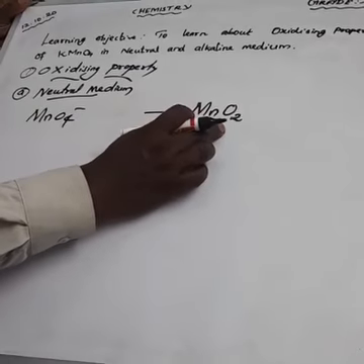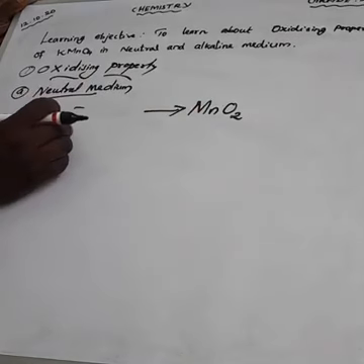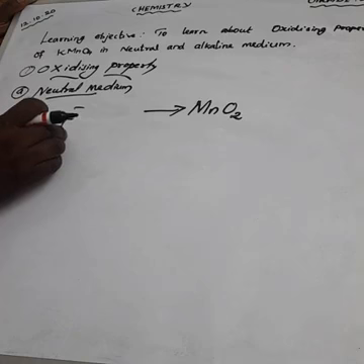Next we have to balance oxygen. On the left hand side the oxygen count is 4, and on the right hand side it is only 2. So the left hand side has excess oxygen, and on that side we should add an equal amount of water.